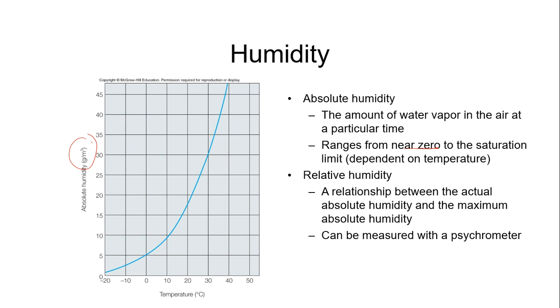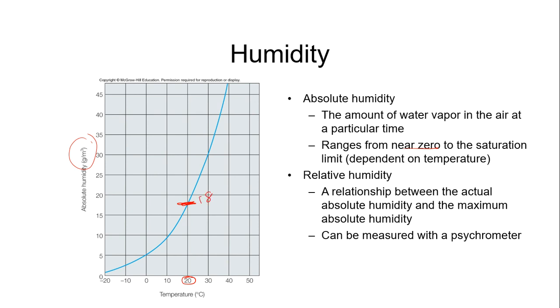The saturation limit depends on temperature. Let's say that the temperature outside is 20 degrees. This graph is then going to show the saturation limit. The saturation limit here is indicated by where the blue line intersects the 20 degree Celsius line. That's somewhere around 18.